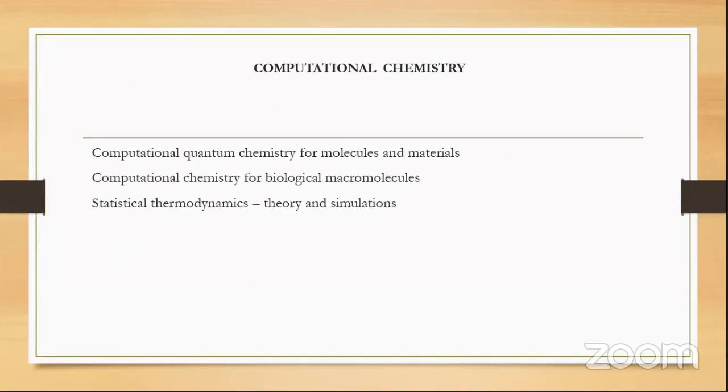Now comes computational chemistry. Normally, if someone studies chemistry, he is scared of mathematics. But I'm sorry, there is immense application of mathematics in chemistry. First of all, in computational chemistry, there is quantum chemistry for the molecules and the materials.